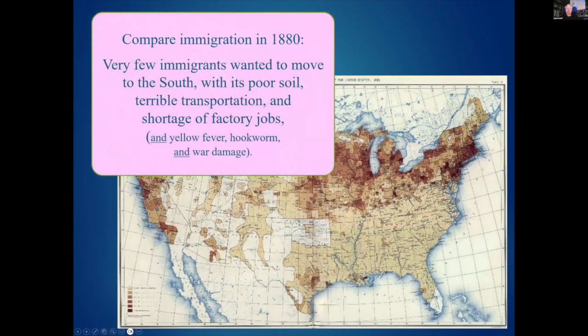If you compare immigration in 1880, very few immigrants wanted to move to the South. With the poor soil, terrible transportation, shortage of factory jobs, and yellow fever, and hookworm, and a lot of war damage.